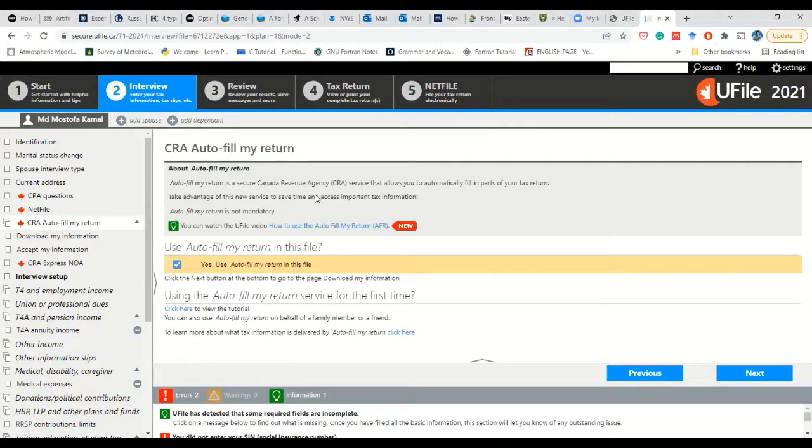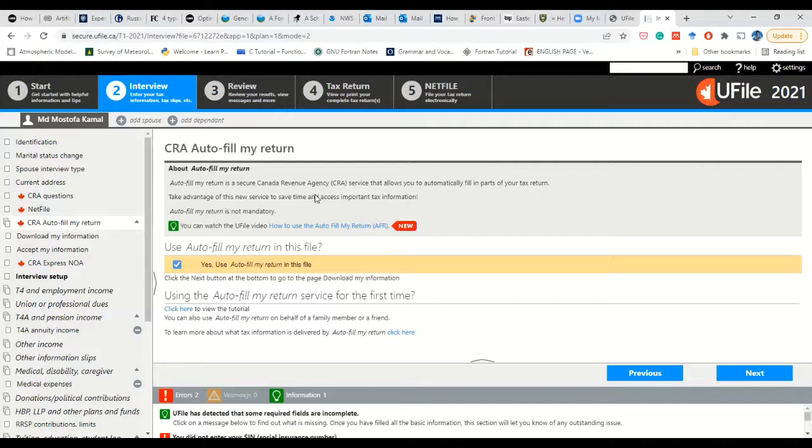So if we have filed a tax return last year, this software can access our income information from the last year.